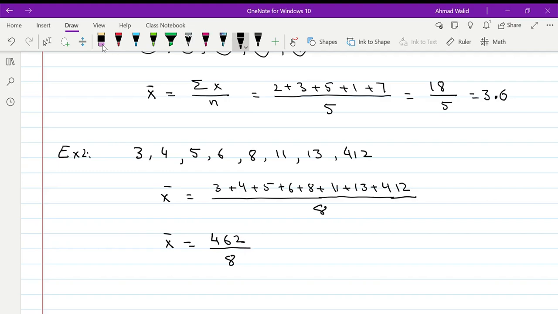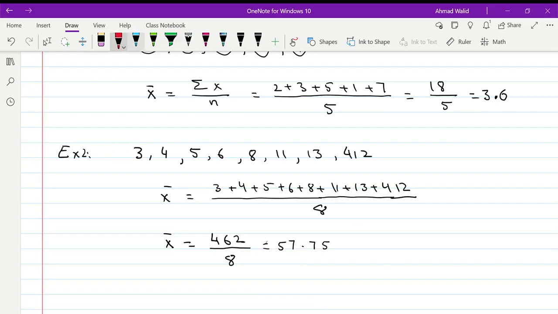Now I need to use a calculator. 462 divided by 8 gives me 57.75. 57.75, that will be the mean of this data.